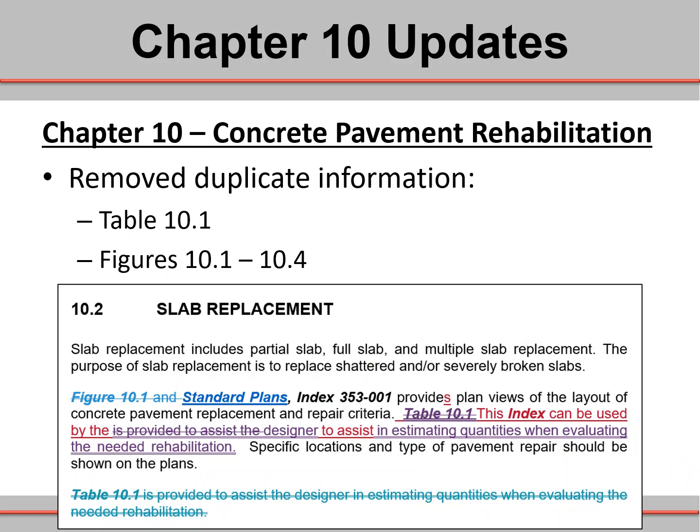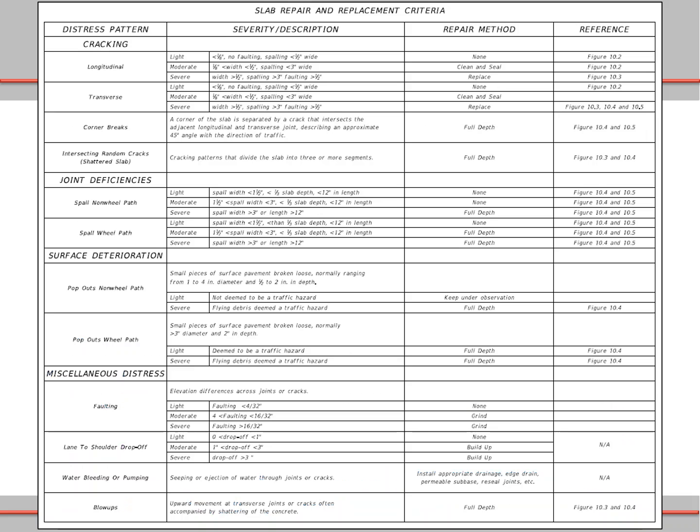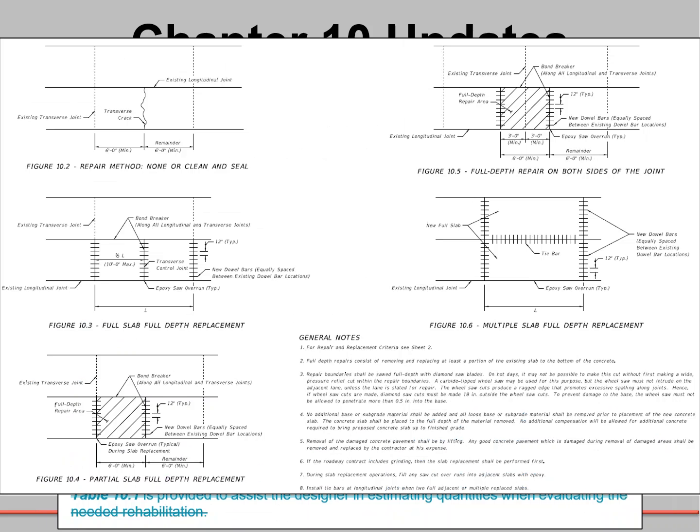To remove all the duplicated information, we deleted table 10.1, which listed the slab repair and replacement criteria. This is already found on sheet 2 of index 353-001. And the remaining redundant information was found in figures 10.1 through 10.4 of the Rigid Manual, and so we deleted those too. You can find them on sheet 1 of index 353-001. So this was just a cleanup to only have concrete slab repair and replacement criteria shown in one document.